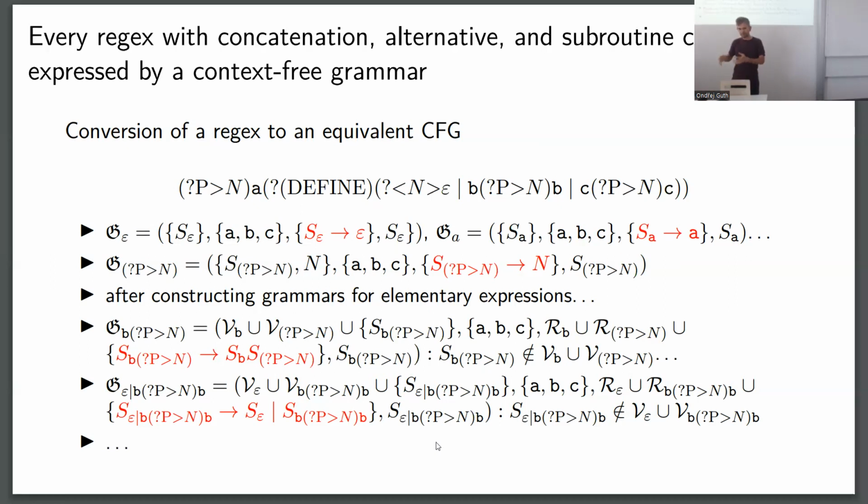So Thompson's construction is the majority of this. What is introduced here as a new thing is the subroutine call. So this part is what is added to Thompson's construction. The remaining part is already known for some decades. So if we believe that it works, then we showed the conversion in two ways.